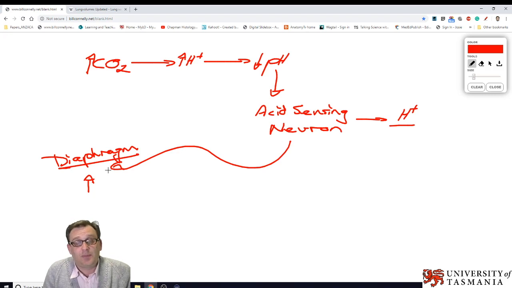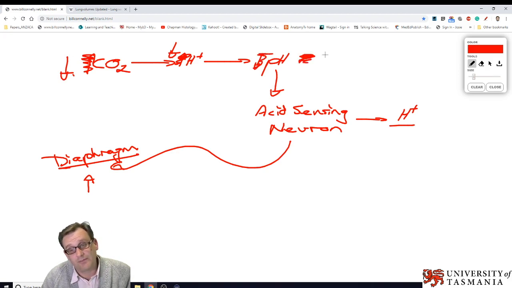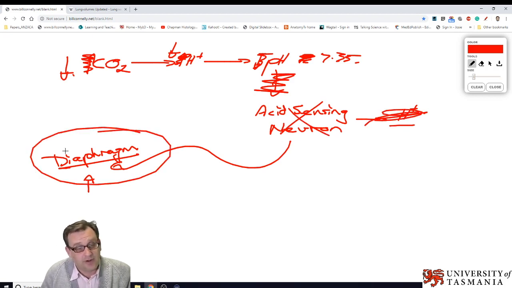The idea being that by increasing the respiration rate, I can blow off carbon dioxide, reduce the carbon dioxide levels, get my hydrogen ion levels down to normal, bring my pH back up to 7.35 or so, to the normal range. And now, because that pH is fine, the acid sensing neurons don't become activated, and we can drop our respiration rate when everything returns back to normal.